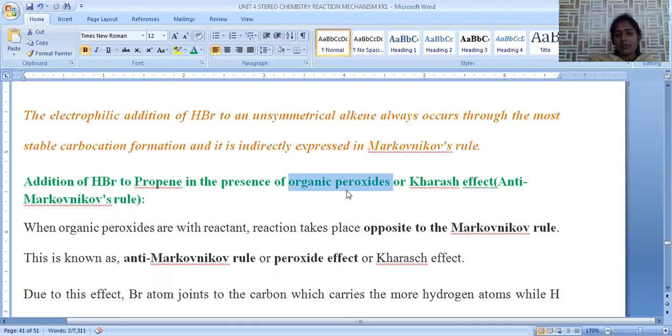Here peroxide is mentioned, hence the reaction proceeds with anti-Markovnikov rule. This is also called the Kharasch effect, or peroxide effect, because peroxide is the important material which changes the reaction mechanism. In the Markovnikov rule, 2-bromopropane is the major one, but in anti-Markovnikov, 1-bromopropane will be formed.